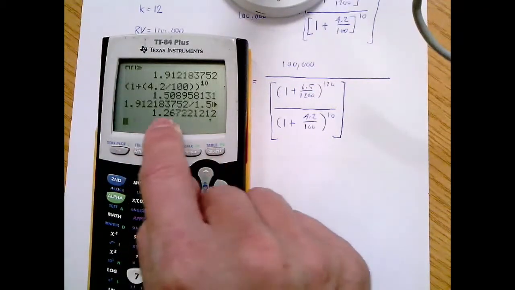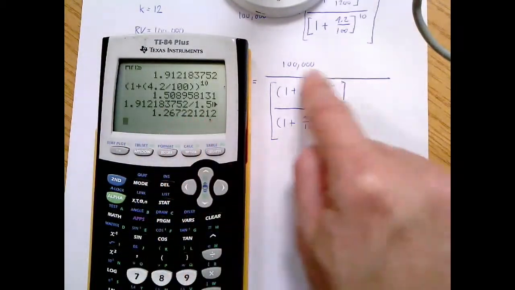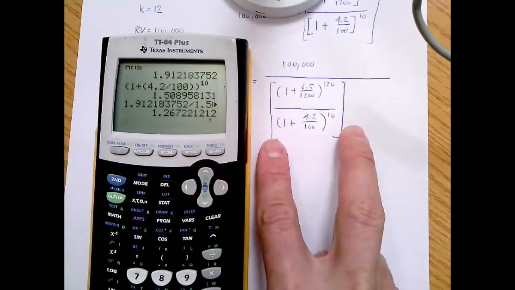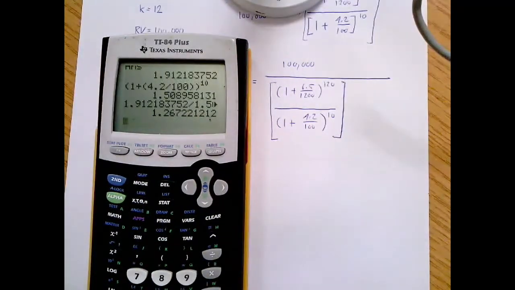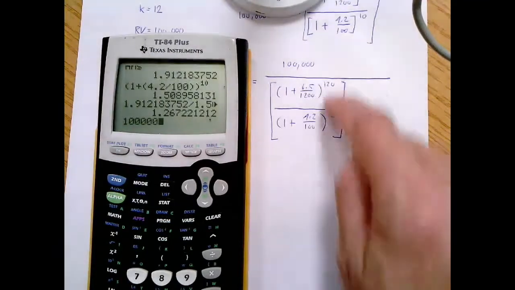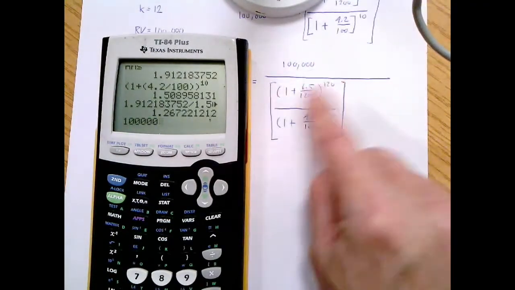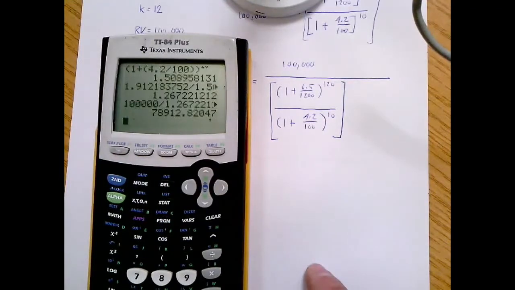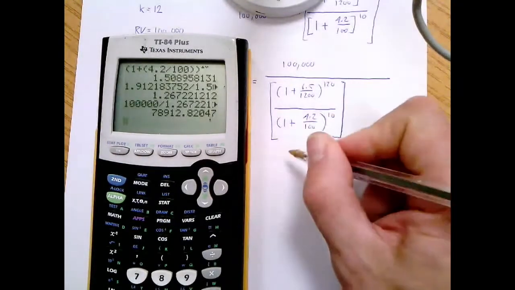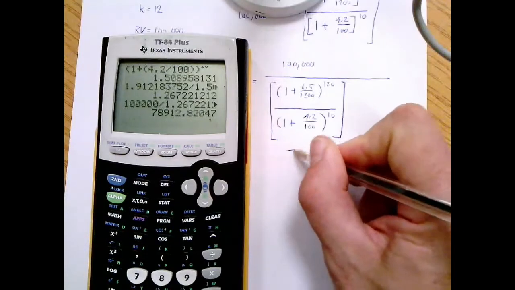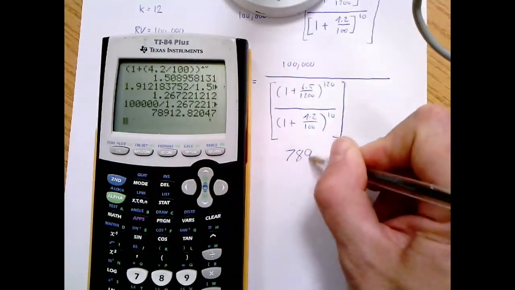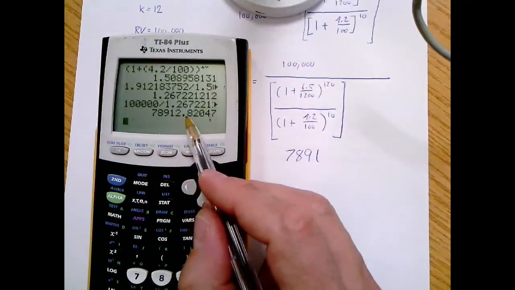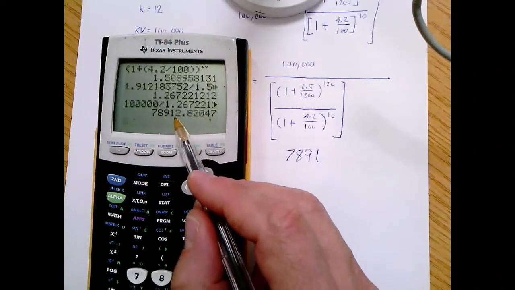And now this whole value right here is everything you see in those brackets, right? So now all I have to do is take 100,000, that's that right there, and just divide it by that value. And there you go. We're going to get 78,912, and we're actually going to say 13 because we're going to round up, right?